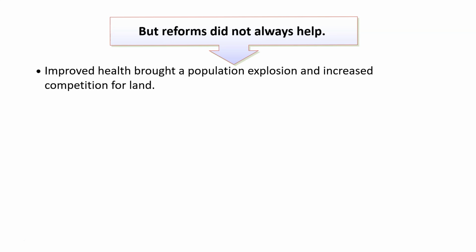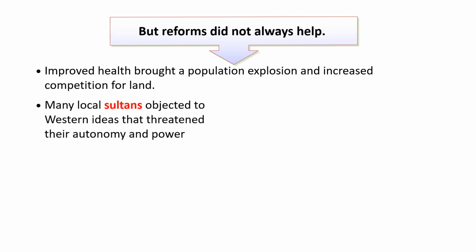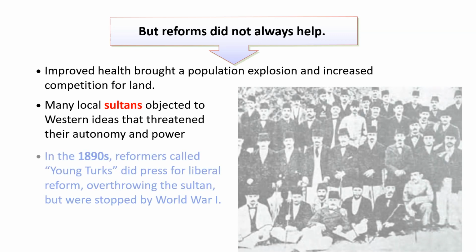And as we talked about before, when the population grows, you're going to have increased competition for land, for people to live, for people to work, and to grow food for those people. Many of the local sultans objected to bringing in any Western ideas, even if it is science and technology, that might threaten their control on things. It might threaten their control on power.